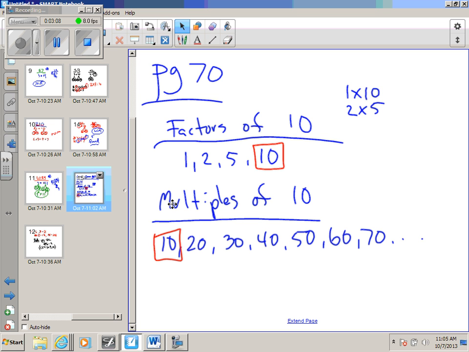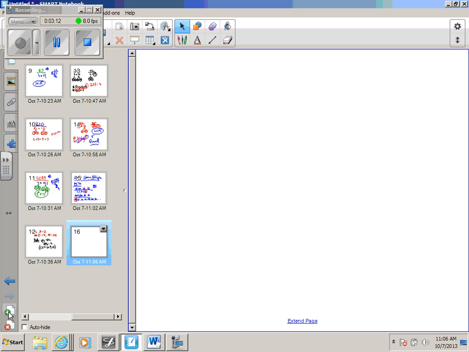Now the method itself starts similarly to the way that the factors do. With the factors, remember, we looked for what they had in common. Multiples, we're going to look for what they have that's different.